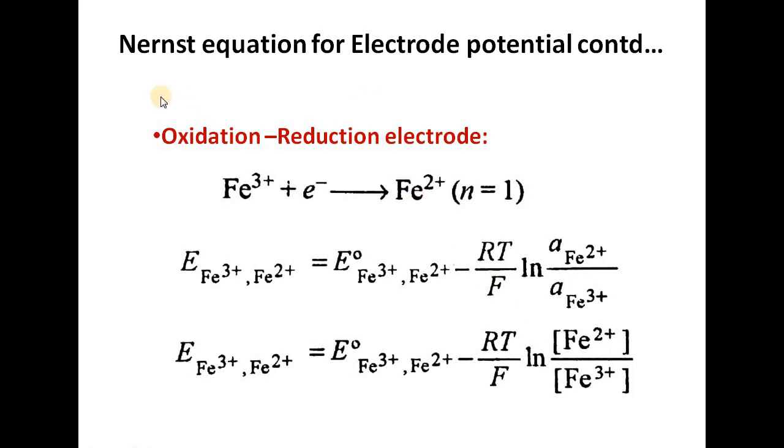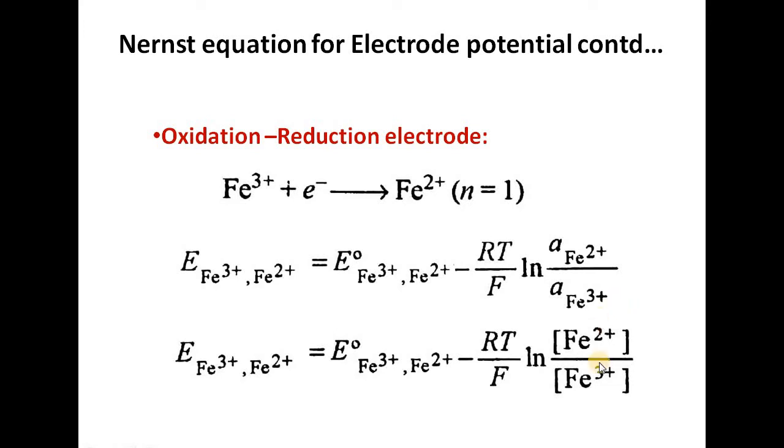Now next, applying the Nernst equation to the oxidation reduction electrode. So we are taking here the half cell reaction in the reduction form. Fe3 plus ion takes an electron to convert to Fe2 plus ion. Now n is equal to 1 in this case, and applying the Nernst equation, we will have the electrode potential of this electrode equal to standard electrode potential minus RT by F log natural activity of Fe2 plus divided by activity of Fe3 plus.